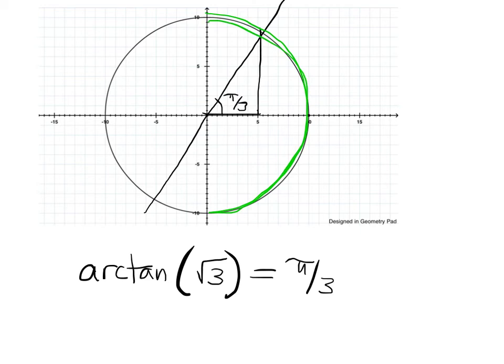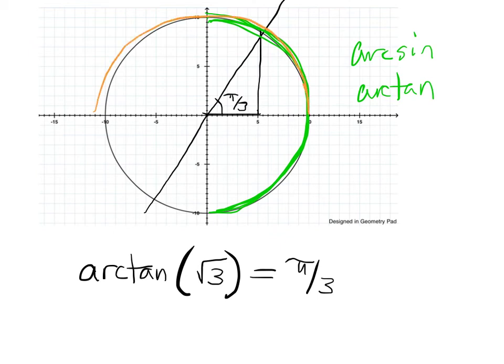Just like for arcsine and arctangent, we're looking at the green part of the circle, and then for arc cosine, we're looking at the orange part of the circle.